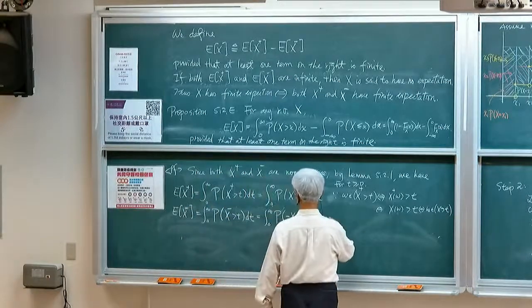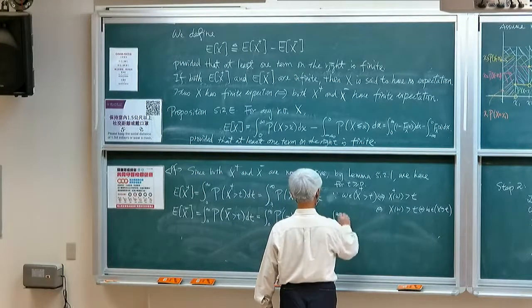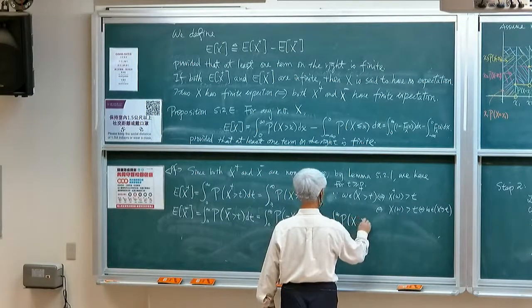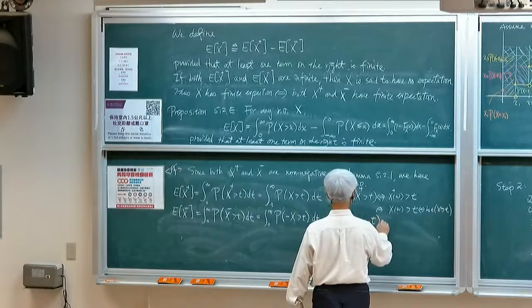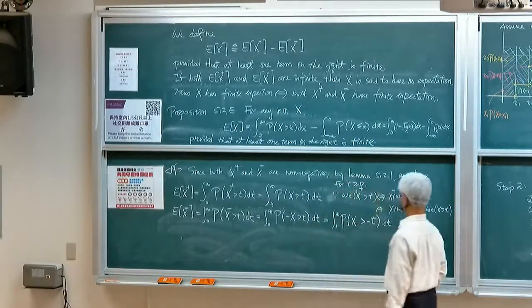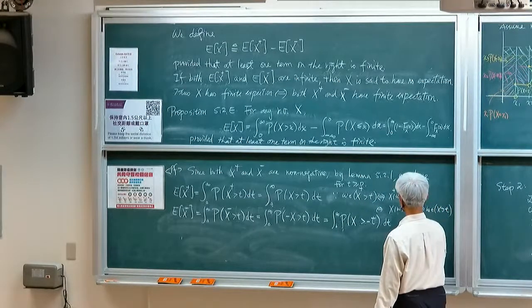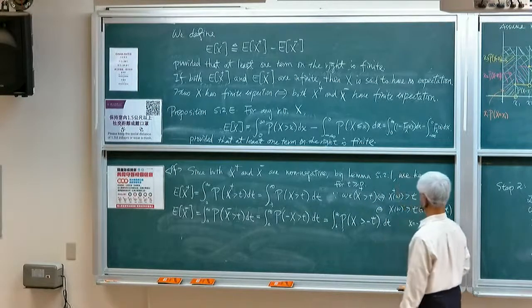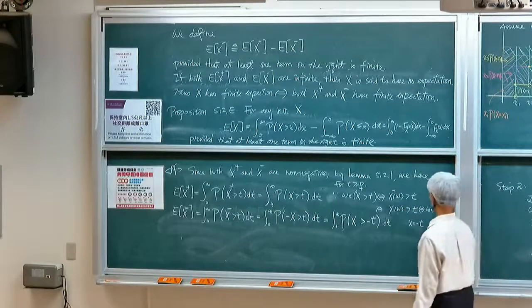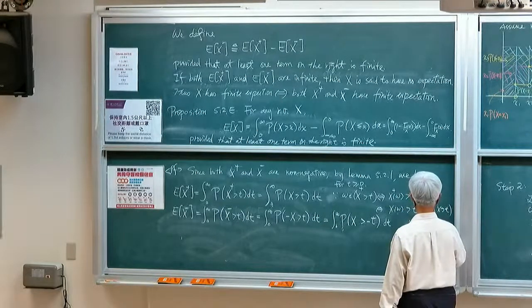Now, so X will be less than or equal to minus t dt. All right, and then we let x be minus t, so dx is equal to minus dt.